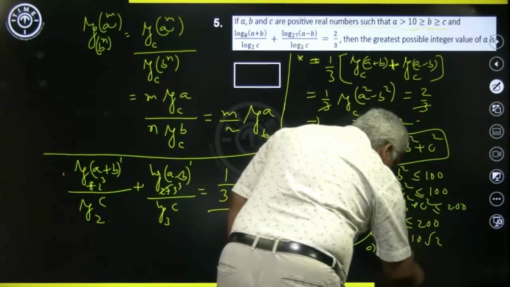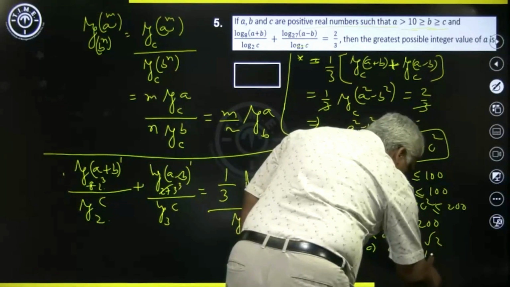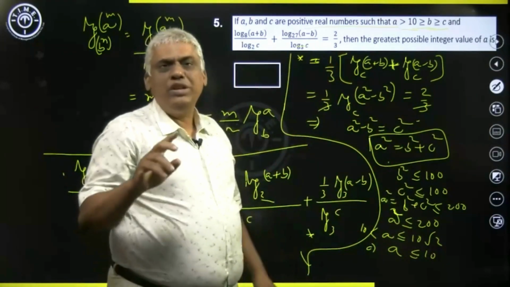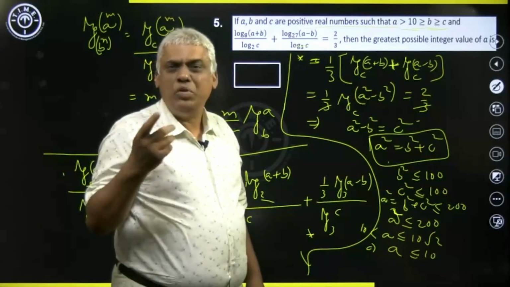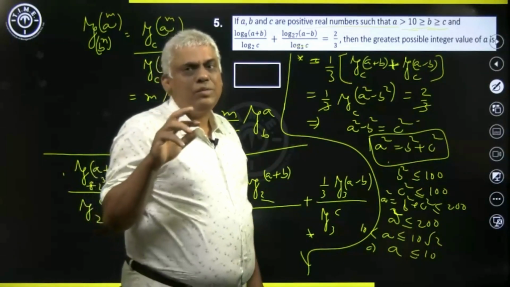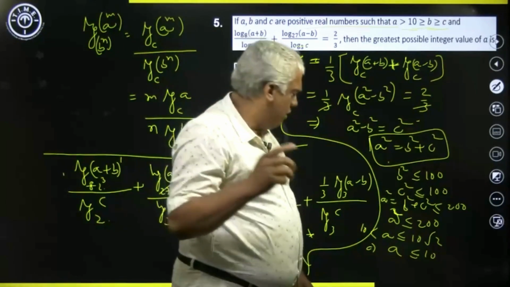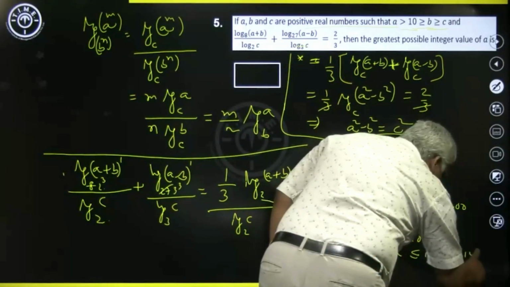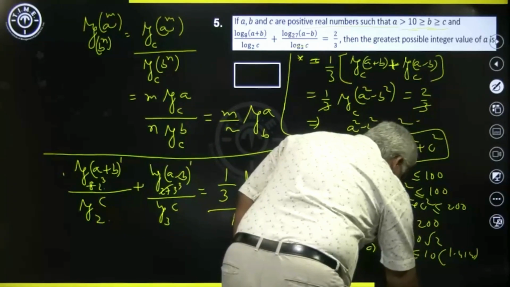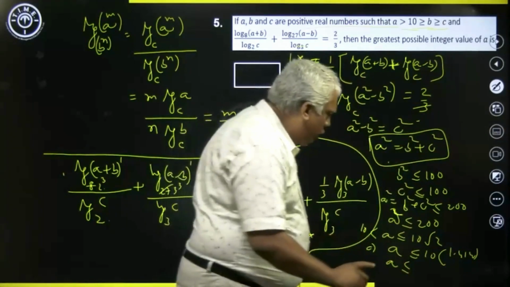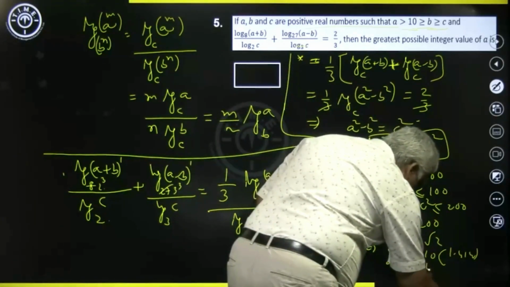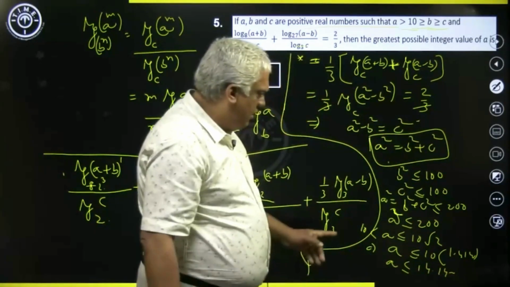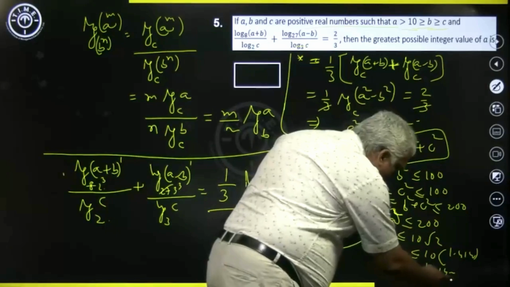You know that a is an integer, and 14 square is 196, while 15 square will cross 200. So the maximum value of a is 14, because root 2 is 1.414, so a is less than or equal to 14.14 something.